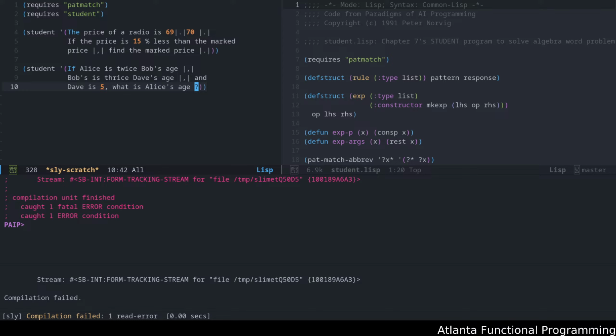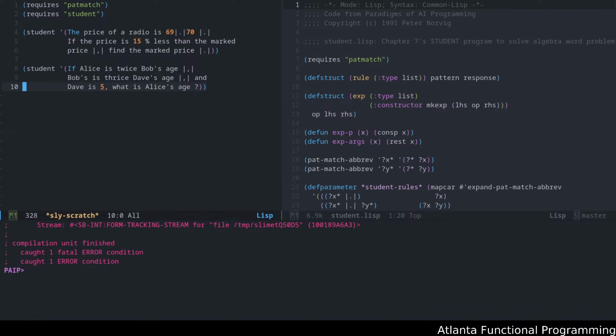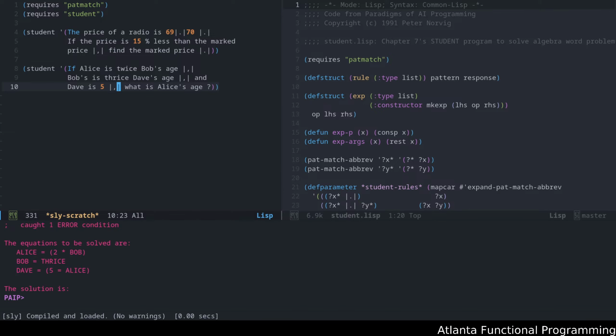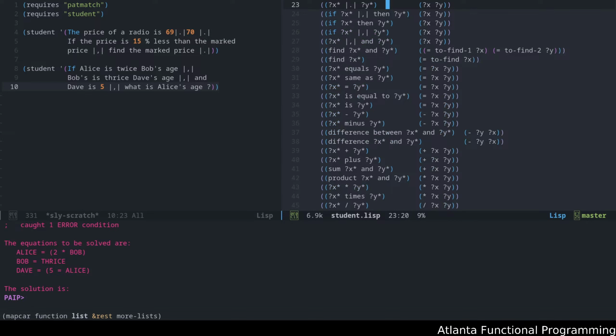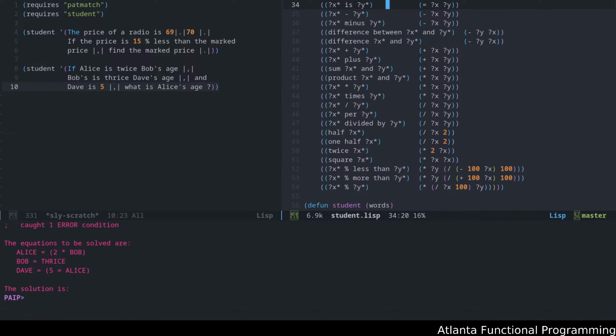Let's see here. Oh, right, because I'm using... I was doing so good today. Okay, so now let's see here. Did this not have my solution?